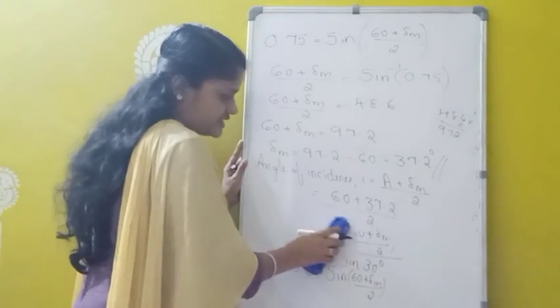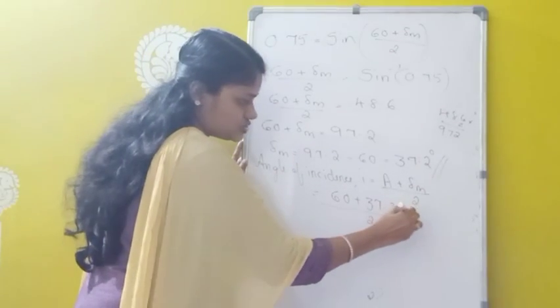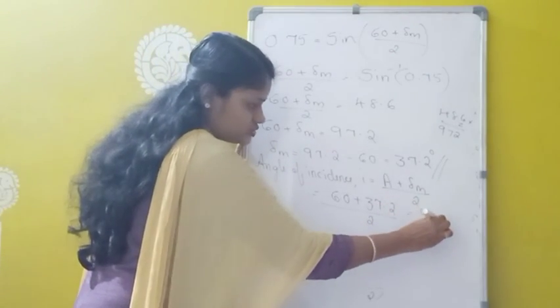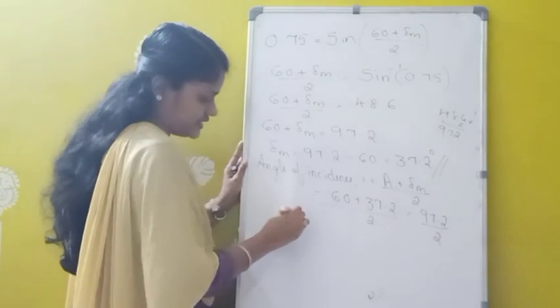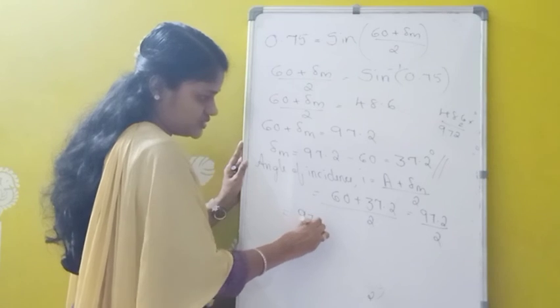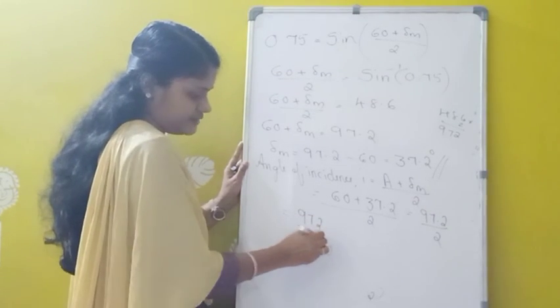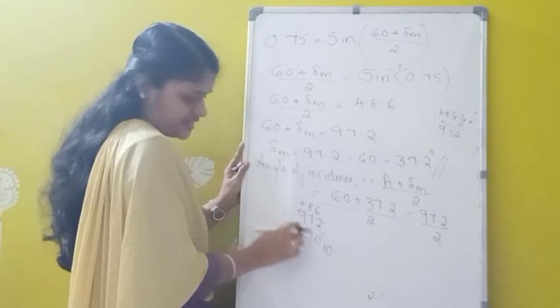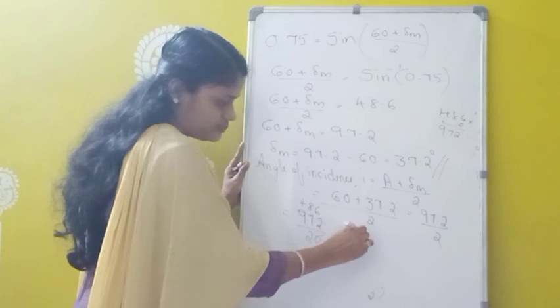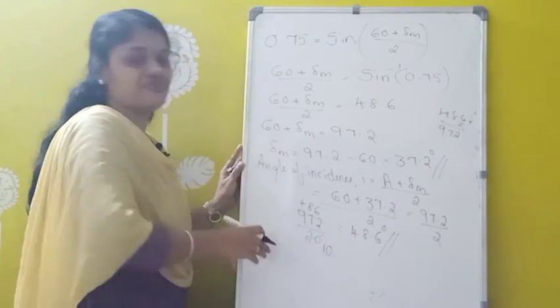So 60 plus 37.2 is 97.2, divided by 2. Removing the decimal, 972 divided by 20, cancelling with the 2, you will get 486 by 10, that means 48.6. So this is the angle of incidence here.